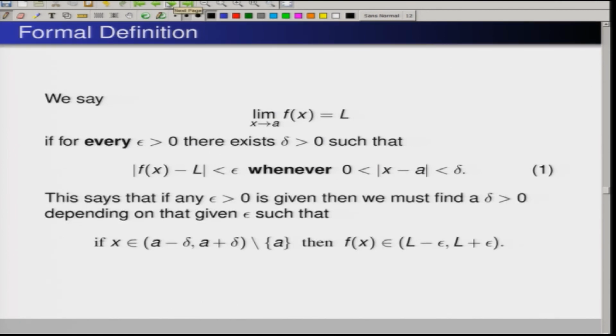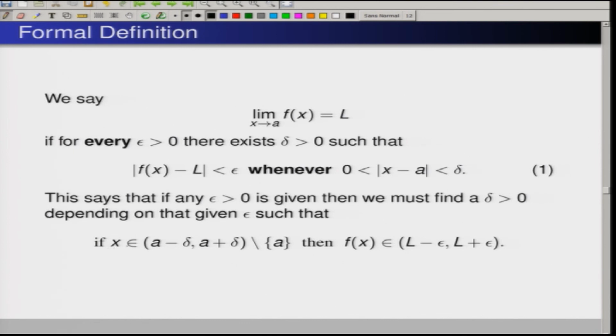In other words, for any given epsilon, I am repeating it again and again, if any positive epsilon is given to us, then we must find a delta, and this delta is going to depend on epsilon as well as on x.